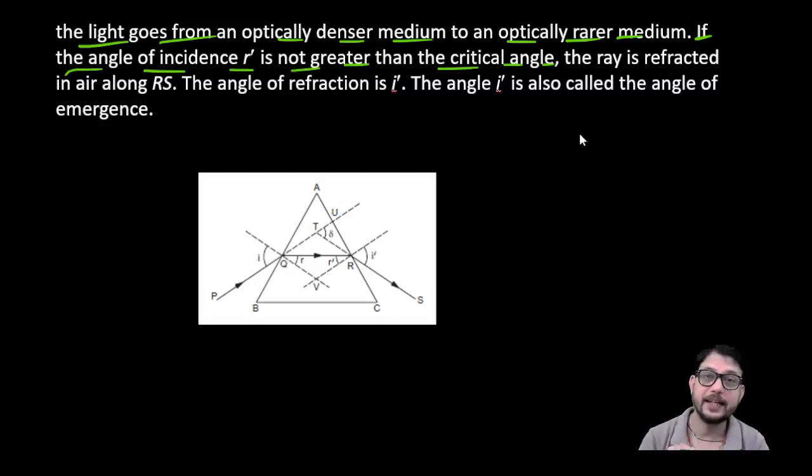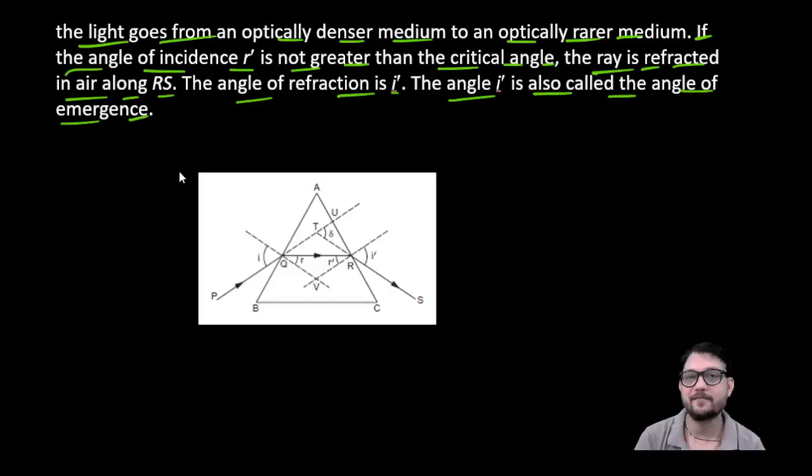That's why I am saying that if there is no TIR, then only can we say the ray is refracted in air along RS. RS means the front interface. The angle of refraction is I dash. The angle I dash is also called the angle of emergence.